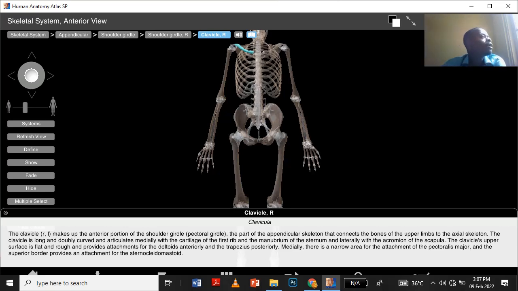Anything close to the midline is medial, while anything far away from the midline is lateral. So the medial part of the clavicle, the part closer to the midline, articulates with the cartilage of the first rib.